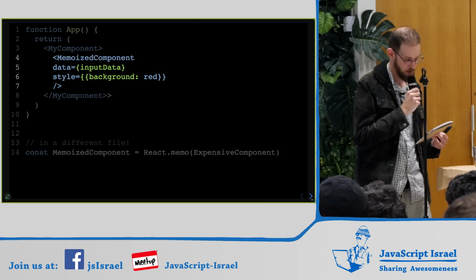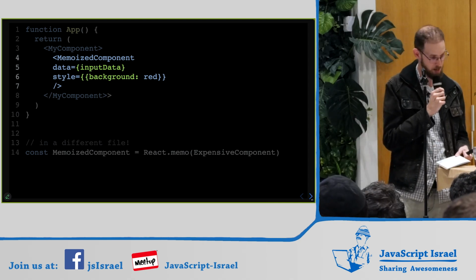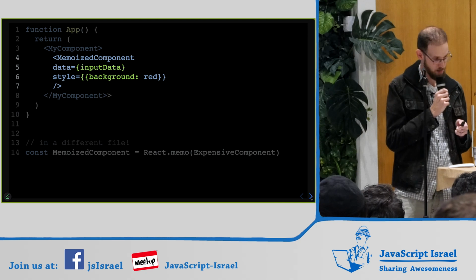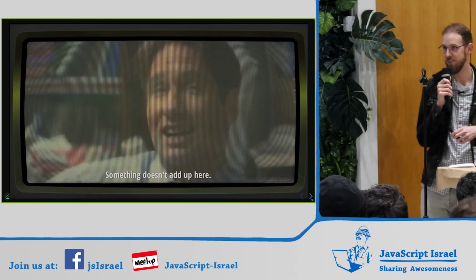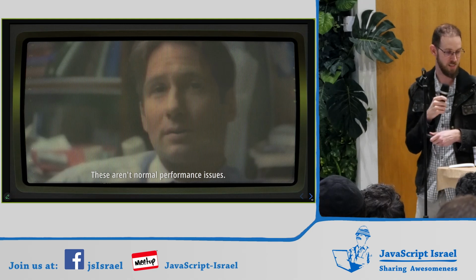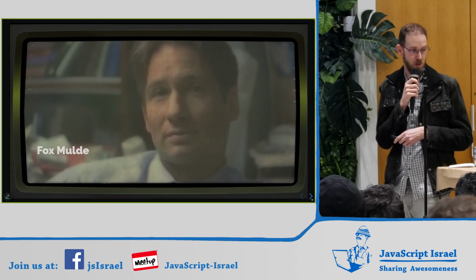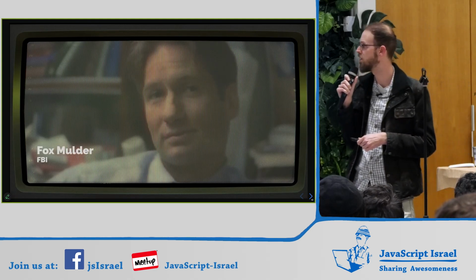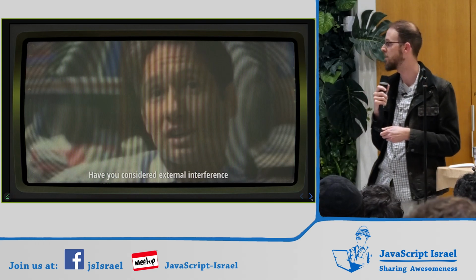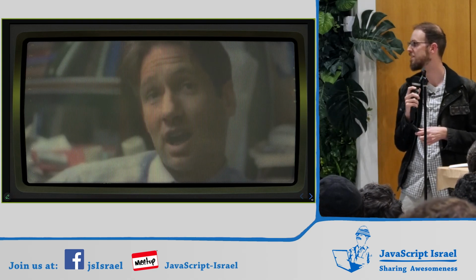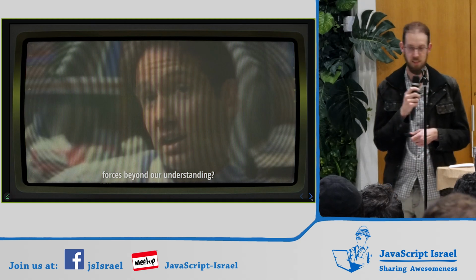Next up is, okay, a professional from the FBI. Agent Mulder, what do you think about this case? Something doesn't add up here. These aren't normal performance issues. Okay, what do you think is causing them? Have you considered external interference, forces beyond our understanding?